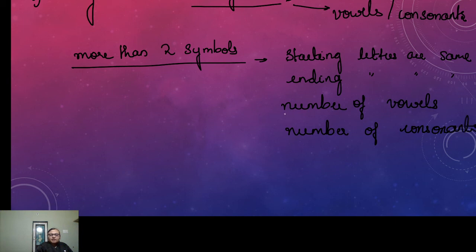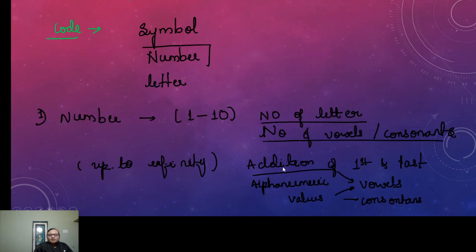Okay, these can be the value of highest vowel, highest alphabet, and here also you can have highest or lowest vowel, consonant.